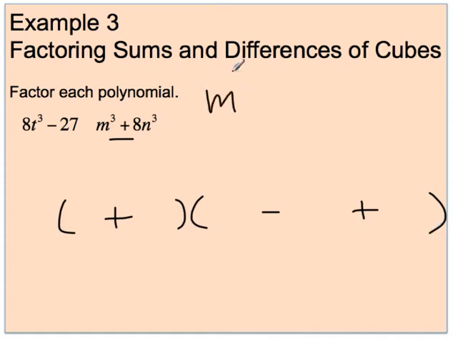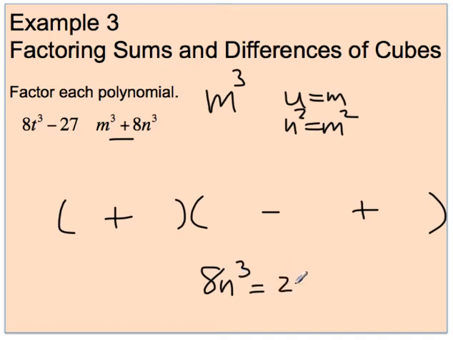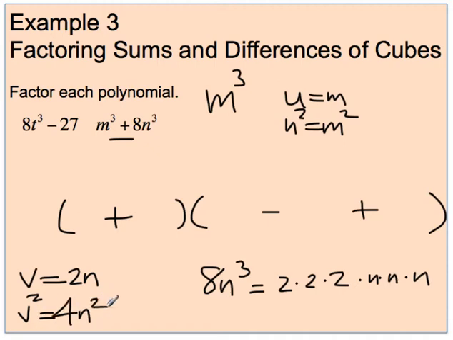M to the third, our first term, well, that one's a little bit easier because we know that u is just going to be m, and u squared is going to be m squared. 8n to the third, well, that's going to be 2 times 2 times 2 times n times n times n. So v is going to be 2n, and v squared is going to equal 4n squared.